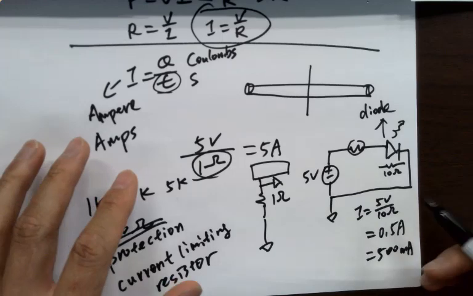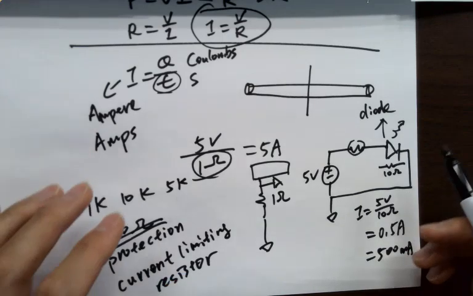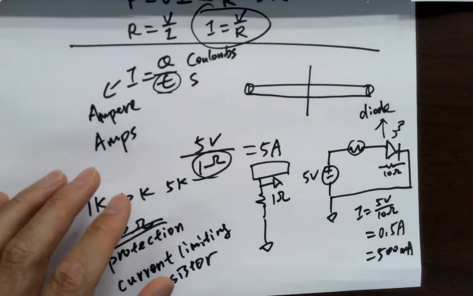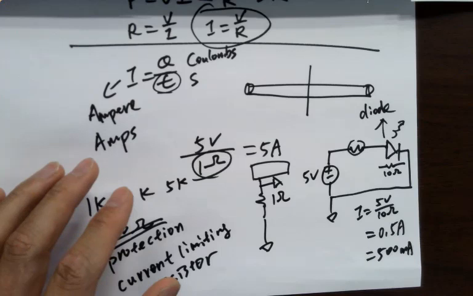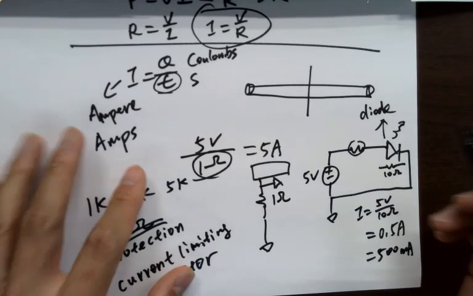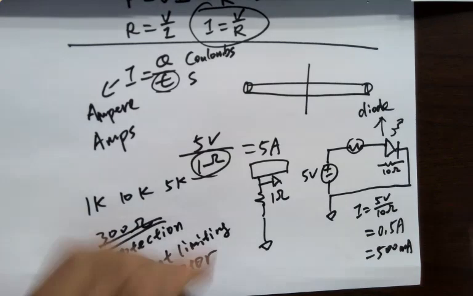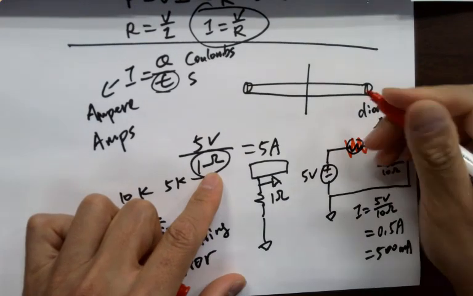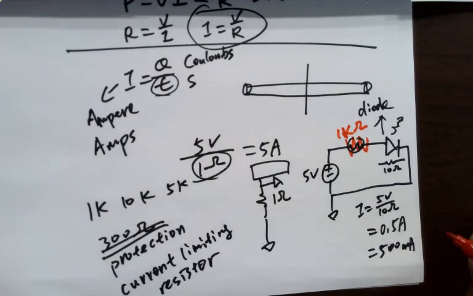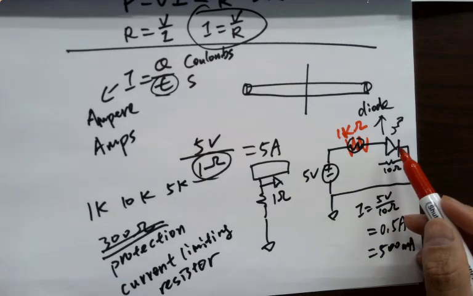It's a lot for an LED. So it's going to either reduce the lifespan of the LED or blow it up directly, depending on the current rating of the LED. You can look it up in the data sheet. It's bad. So what you want to do is add a current limiting resistor. Usually up to 1K, let's just say 1K ohms. So you can reduce the current significantly to protect the LED.